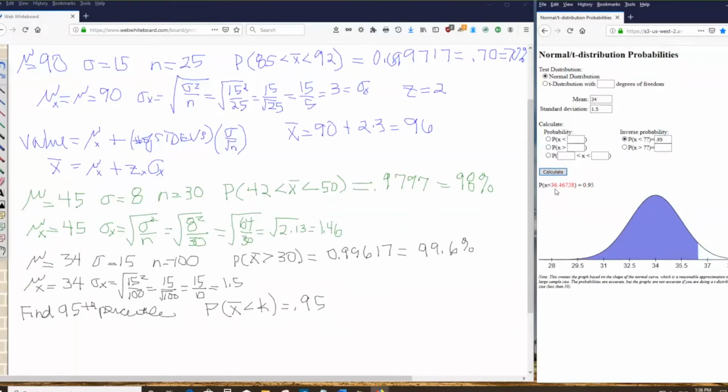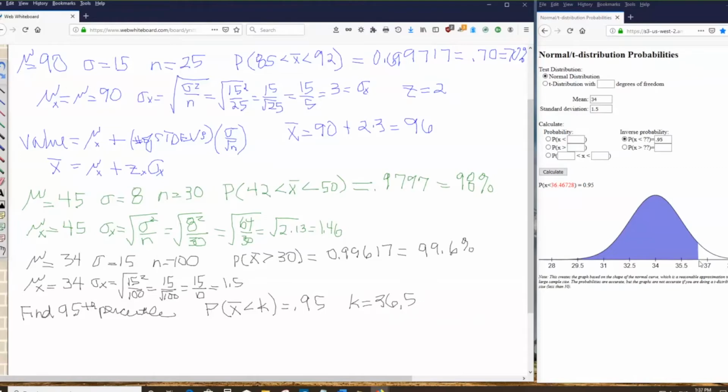It's going to give me my value for K. So this number in red is my K value. So that gives me K equals 36.46, which I'm going to just round up to 36.5.